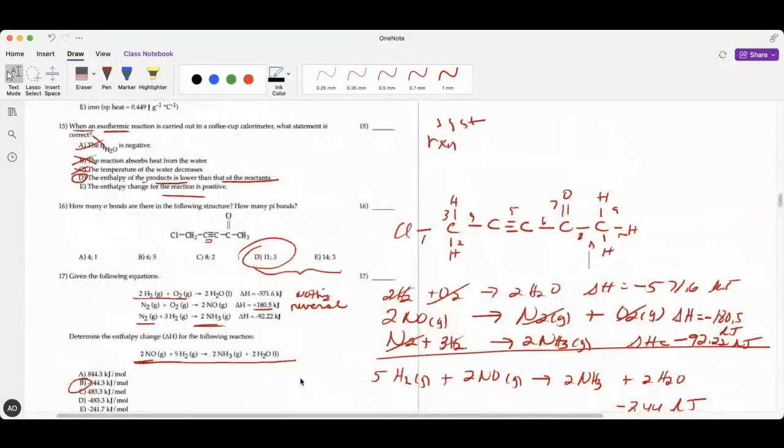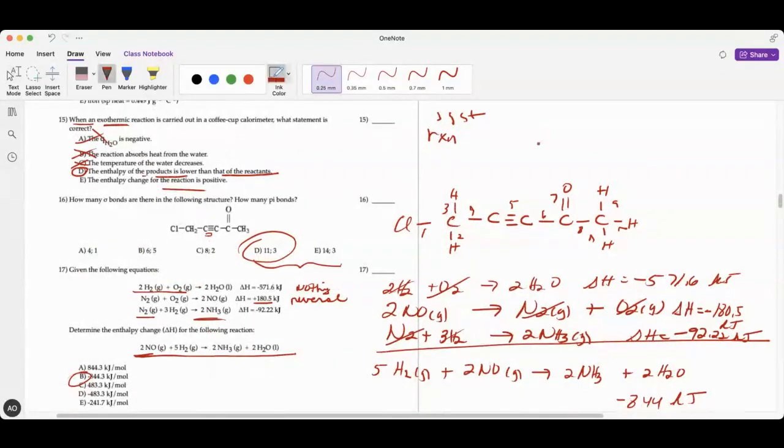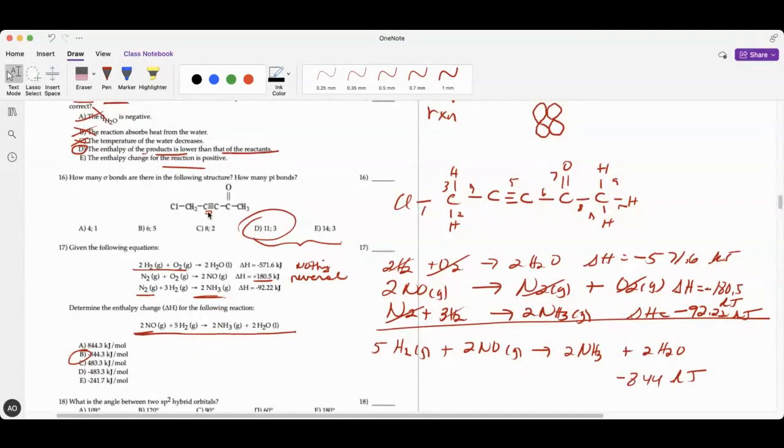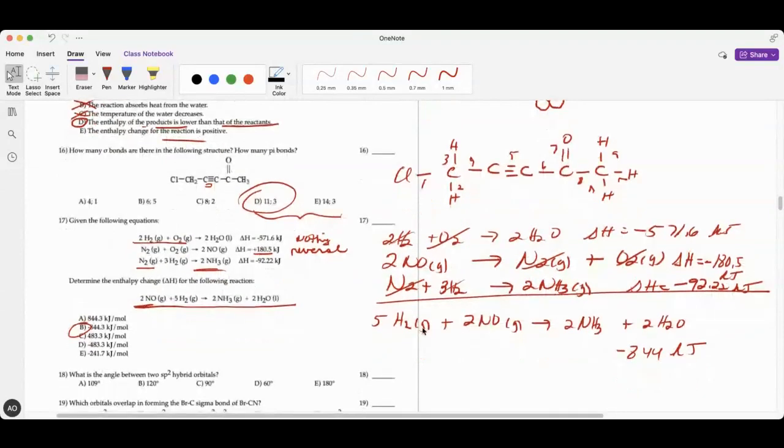Remember, the pi bonds are from the side-to-side overlap of those p orbitals. They're not as strong. A pi bond is not as strong as a sigma bond. In fact, you'll find out in organic chemistry that in most reactions, I'm not going to say all reactions, but in most reactions, the sigma bonds will break first.